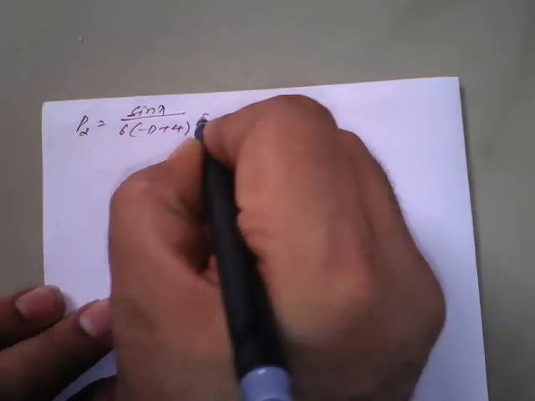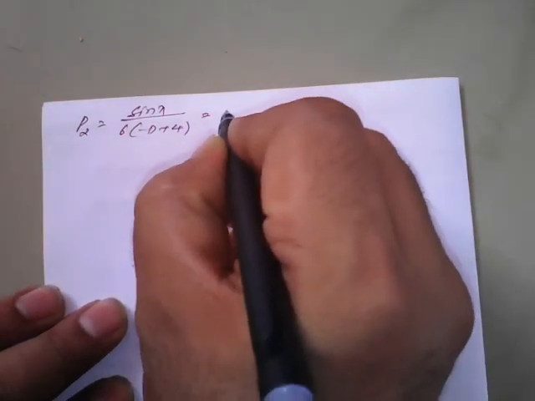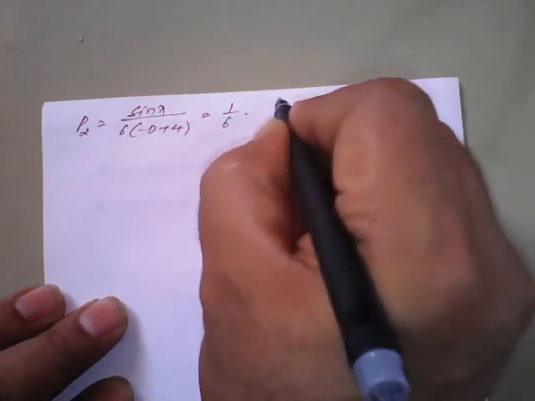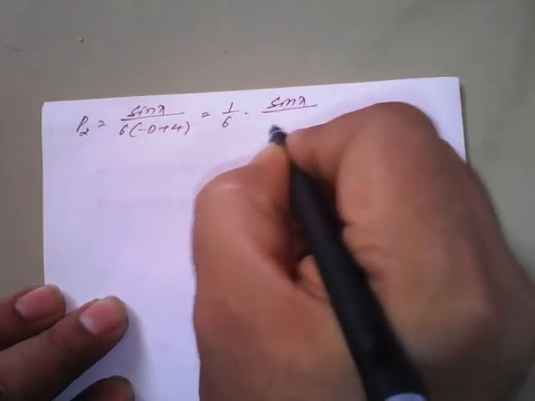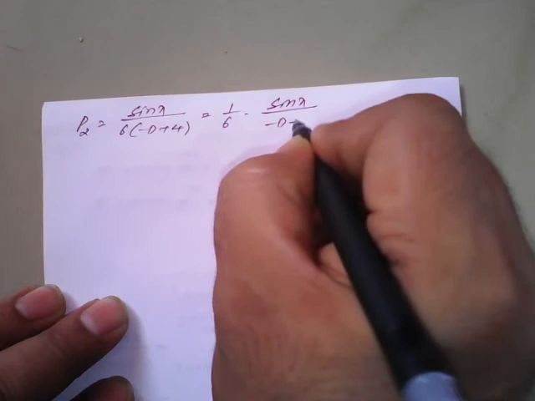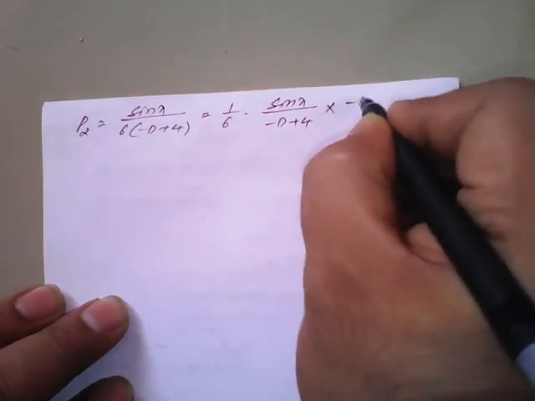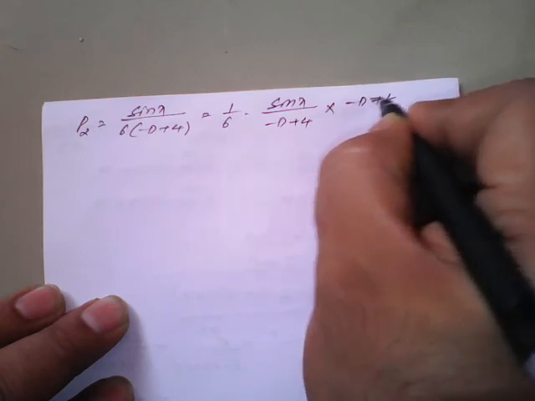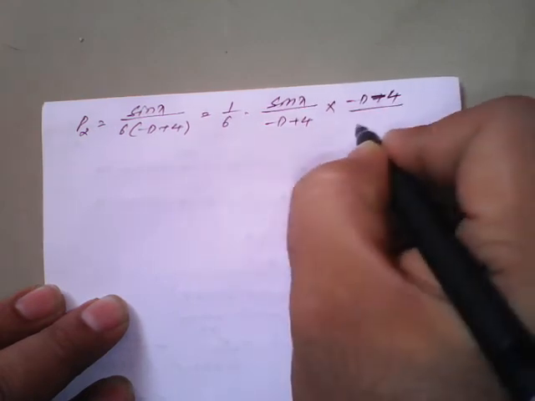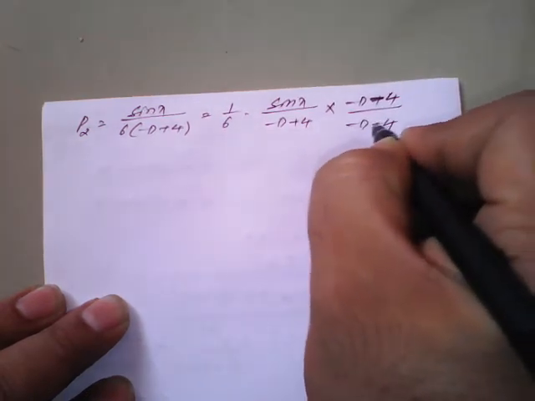Now keep this 1 upon 6 outside, so sine x divided by minus D plus 4. We'll rationalize this with the conjugate, so multiply by minus D minus 4 divided by minus D minus 4.